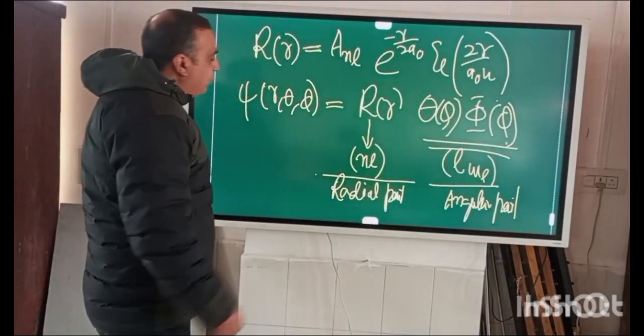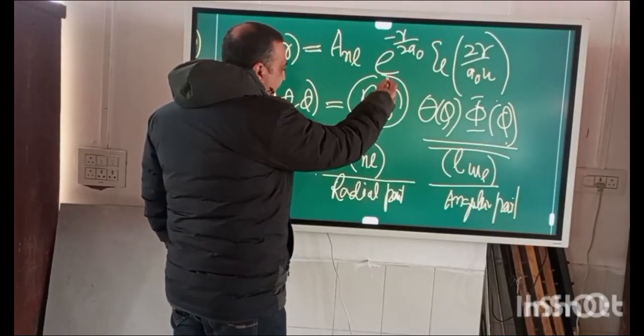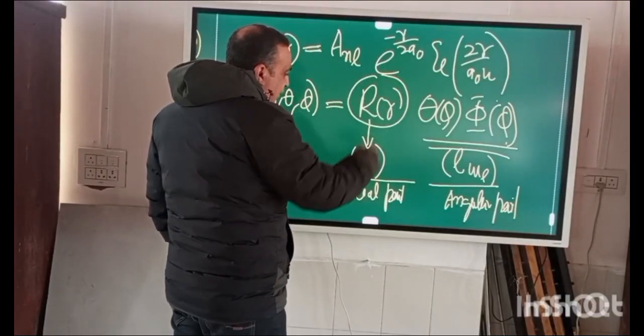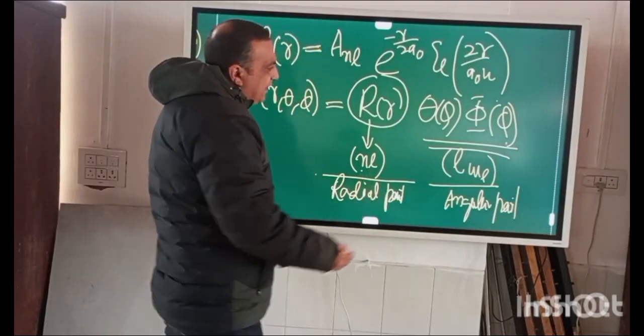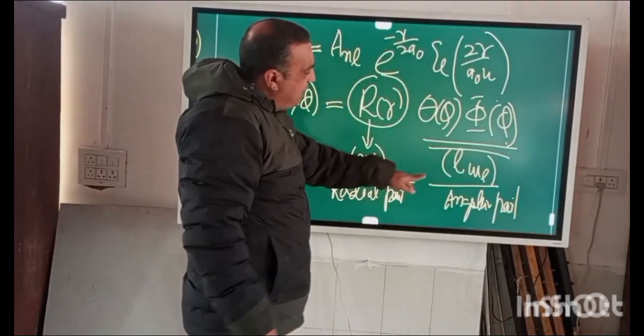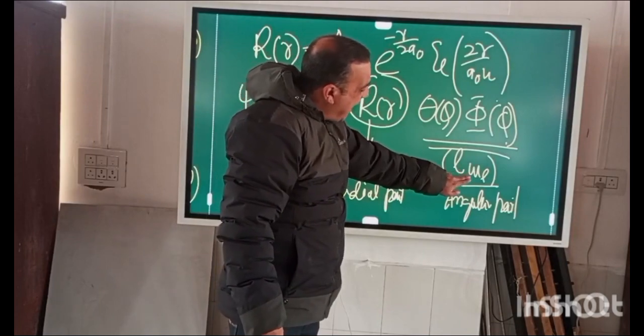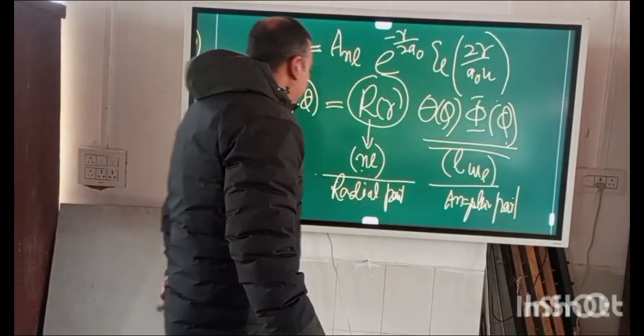You have the radial part, and the radial part gives the description of n and l. Then you have the angular part, and angular parts give us the description of the orbital quantum number and magnetic quantum number.